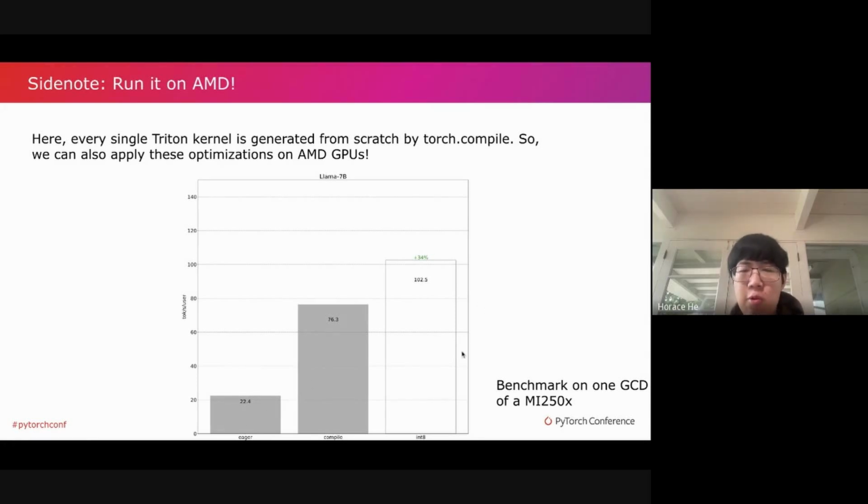And so similarly, we can see a similar path where at the beginning we start at 22.4 tokens per second. Applying Torch compile gets us up to 76 tokens per second. And then applying int8 quantization gets us another 30%, up to 35%, up to 103 tokens per second.